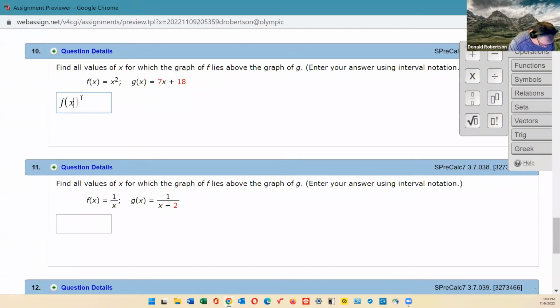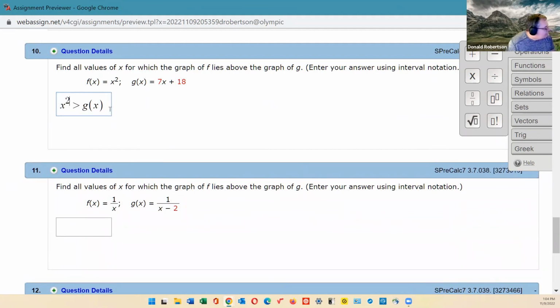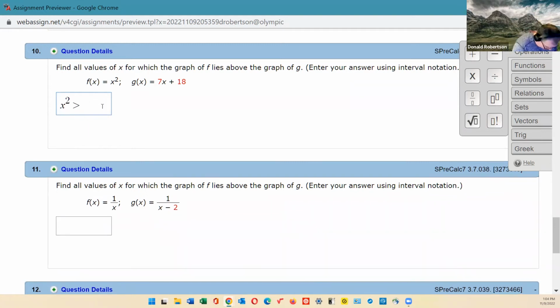You're trying to solve when is f of x greater than g of x. And the f of x would be replaced by x squared, and the g of x would be replaced by 7x add 18. So there's your inequality.